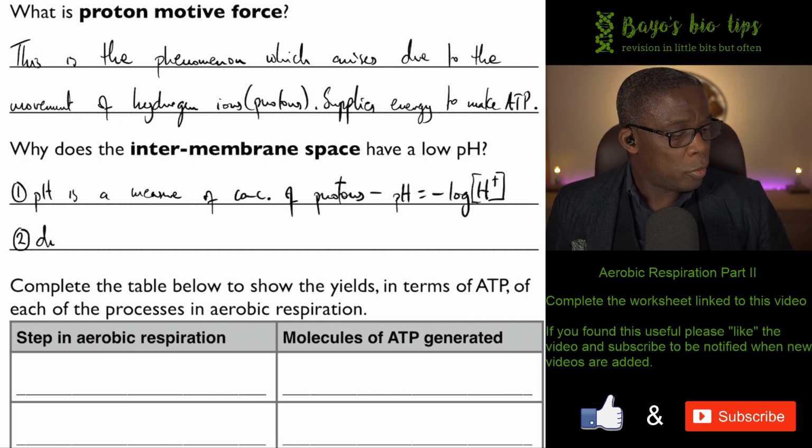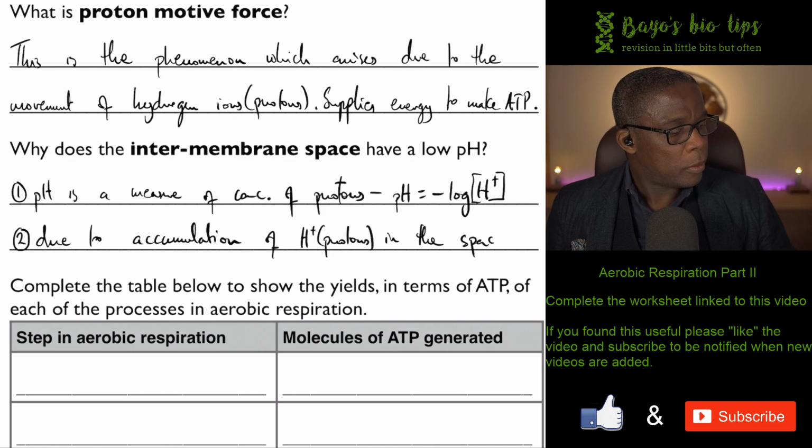So it's due to accumulation of hydrogen ions, protons, in the space, so in the intermembrane space.